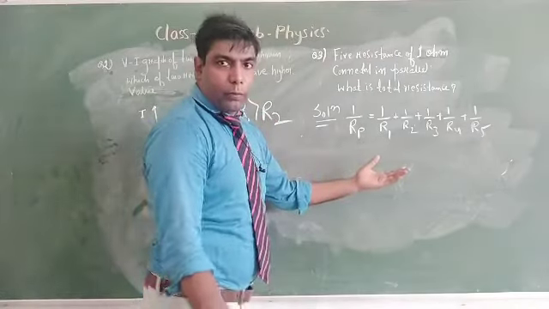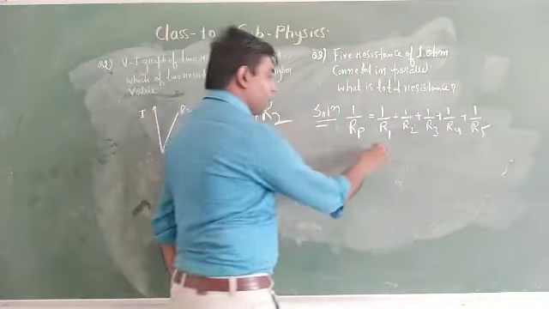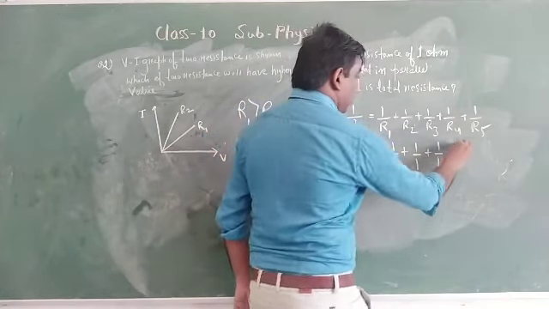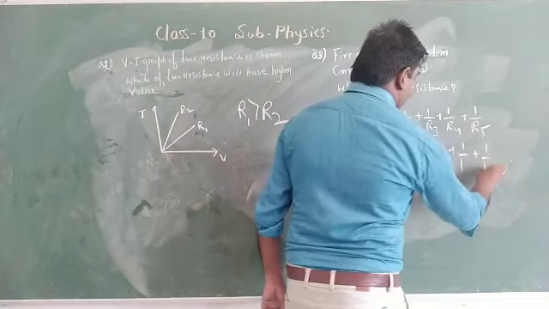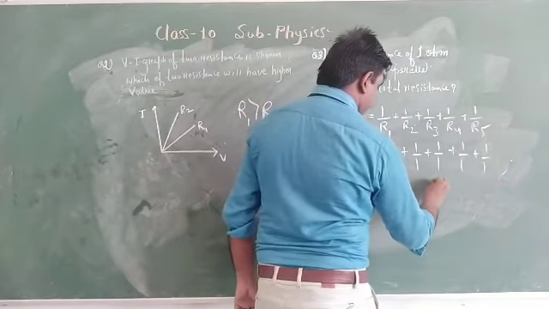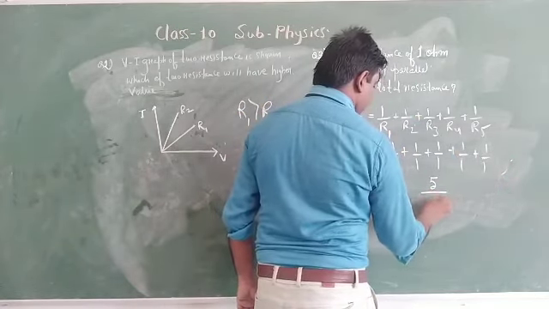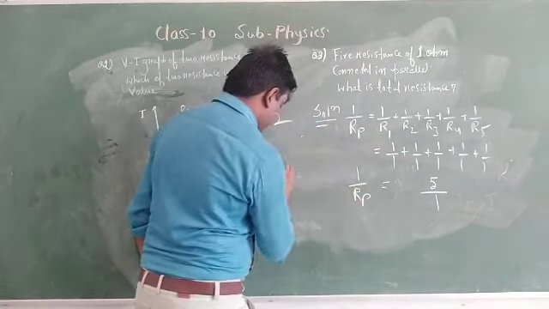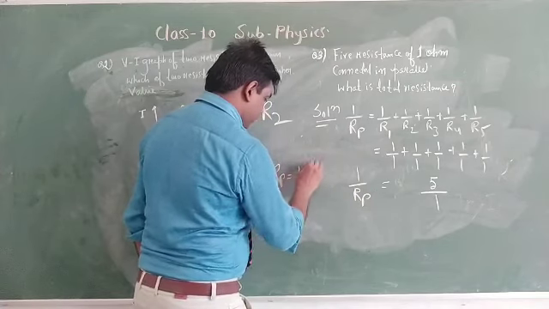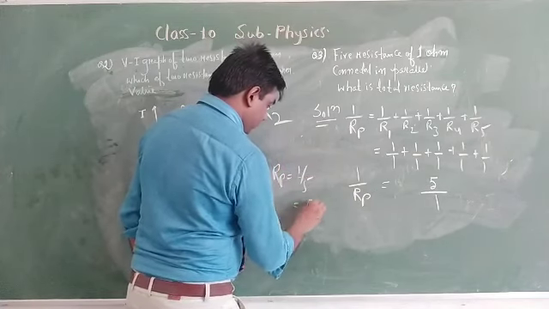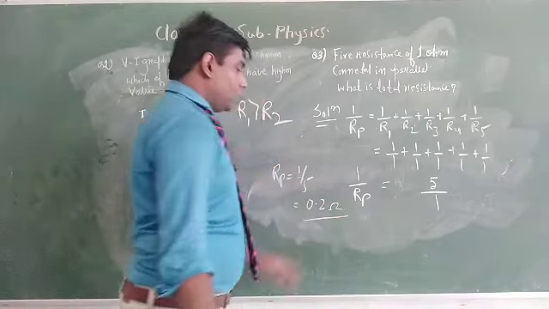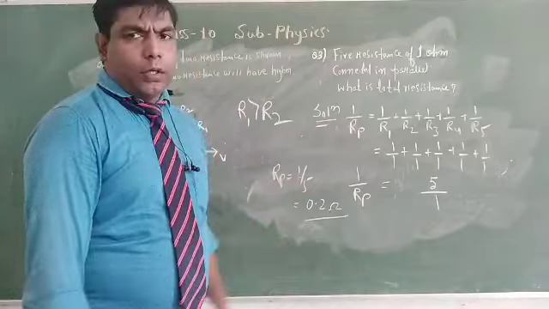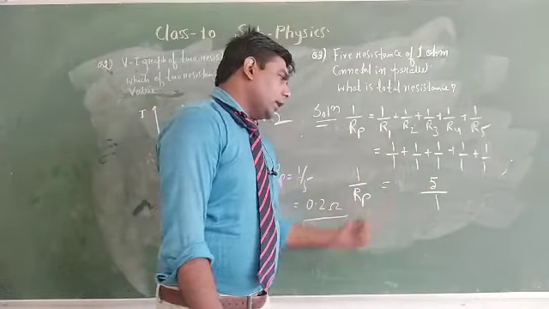This is the formula for parallel resistance. 5 resistance, how much ohm? That is Rp is equal to 1 by 5. So remember, you have to use this formula. This formula you will use and you will get the answer.